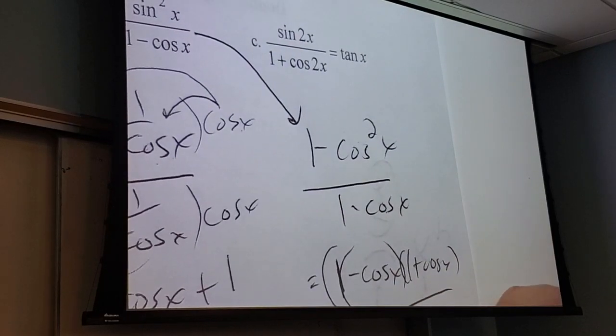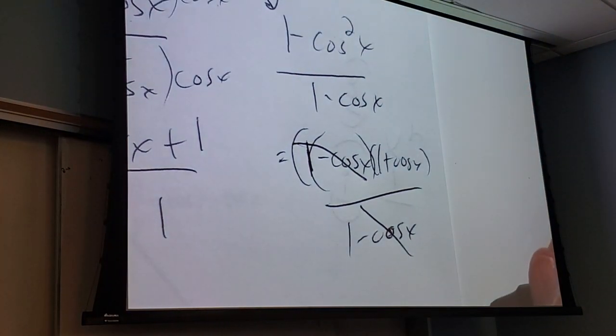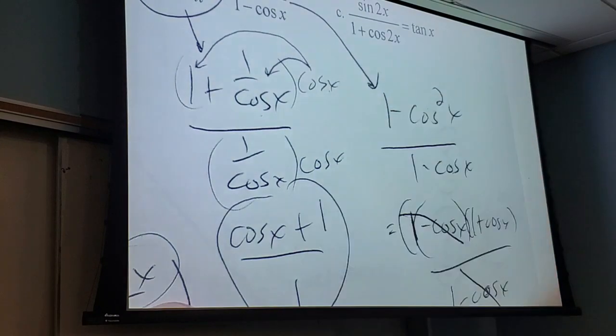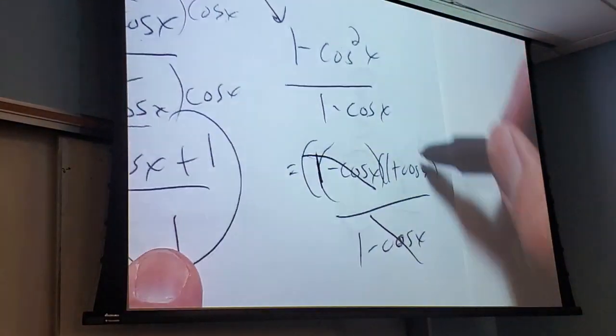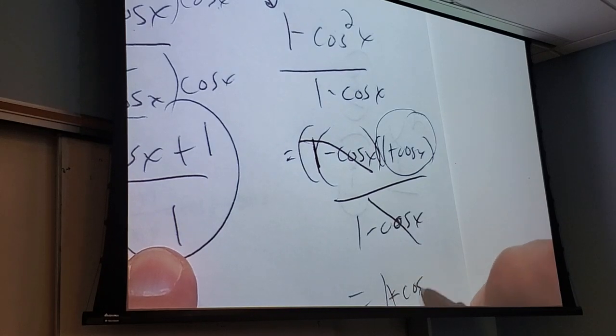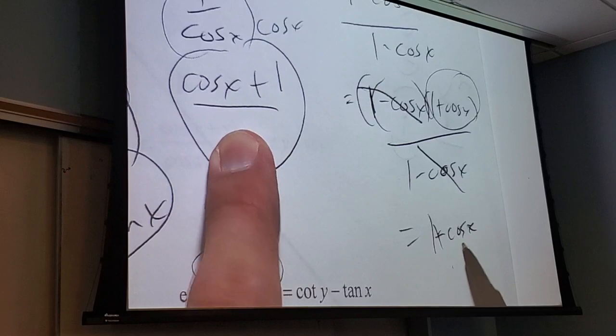And then what cancels? 1 minus cosine cancels. So what did we get on the left side? We got here, didn't we? Where did we get on the right side? We got here. Are these equal to each other? Yes, we're done.